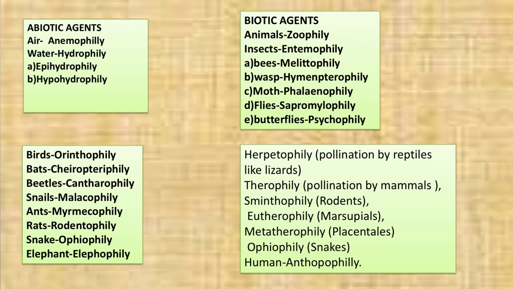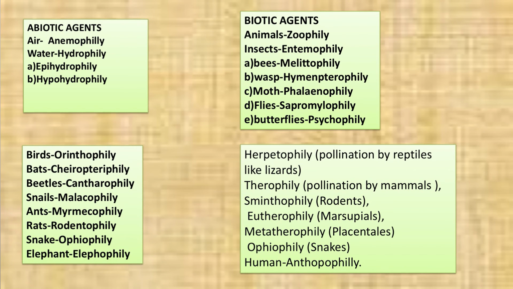The abiotic agents of pollination are air, and the pollination is called anemophily; and water, the pollination is called hydrophily. Again, two types of hydrophilous plants are there. One is epihydrogamy or epihydrophily, and the second is hypohydrogamy or hypohydrophily.